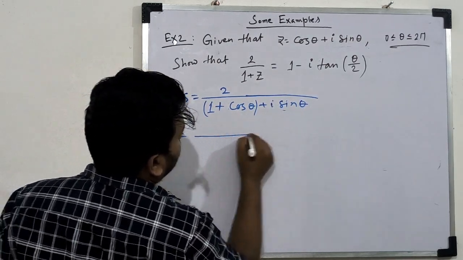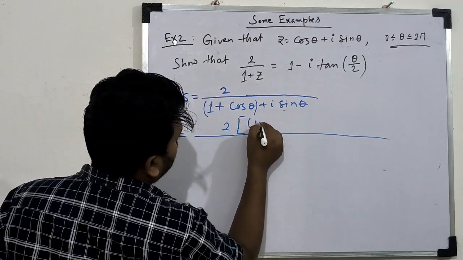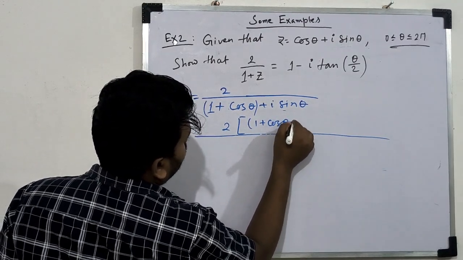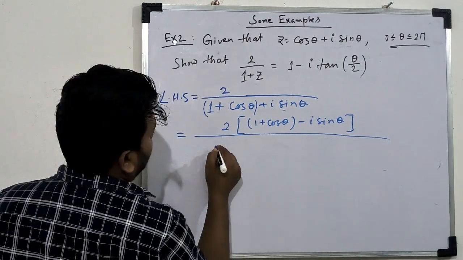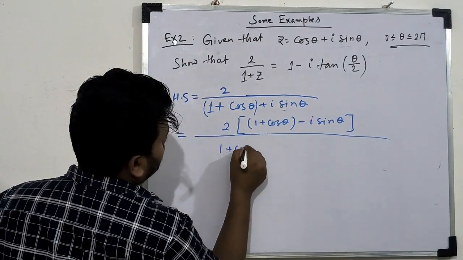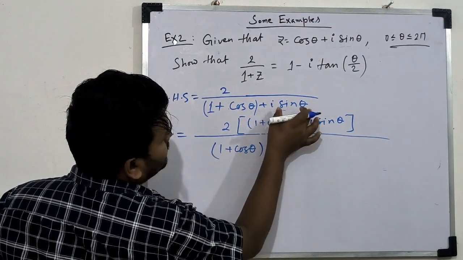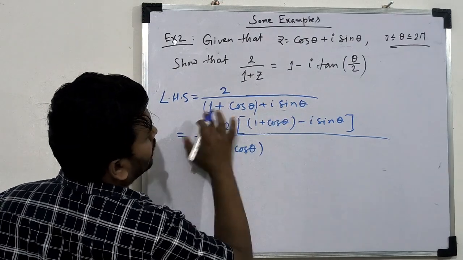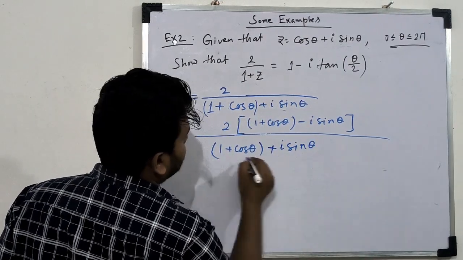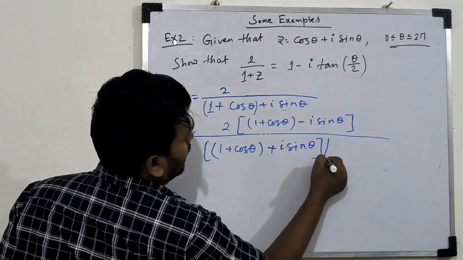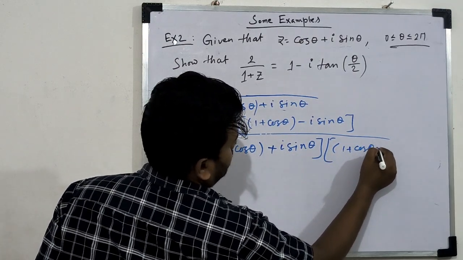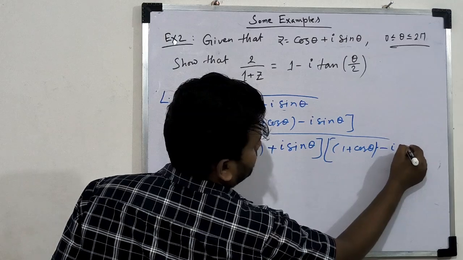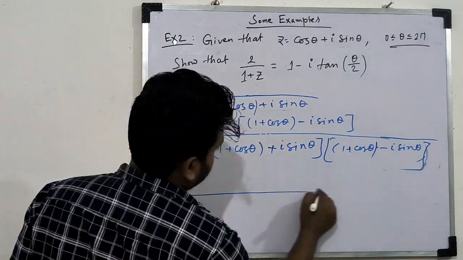So by multiplying by the complex conjugate, that is 1 + cos θ − i sin θ, the denominator is 1 + cos θ + i sin θ times 1 + cos θ − i sin θ.